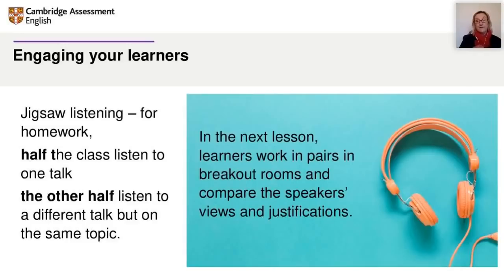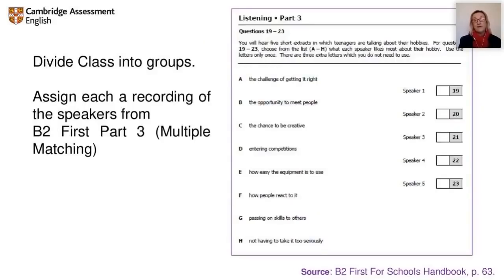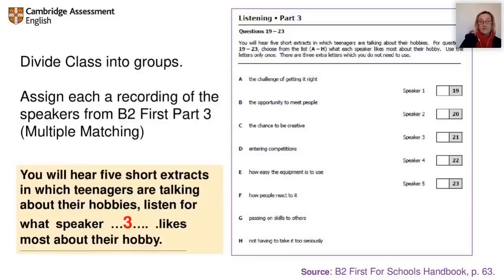So very simple. You can also do it like this. So this is an example from B2 first, where there is what is called a multiple matching. So you've got to listen to 5 short extracts in which teenagers are talking about their hobbies. You may not be able to read it on the screen very well. And you allocate a different speaker to each student or group so that they focus on that particular part of the listening.